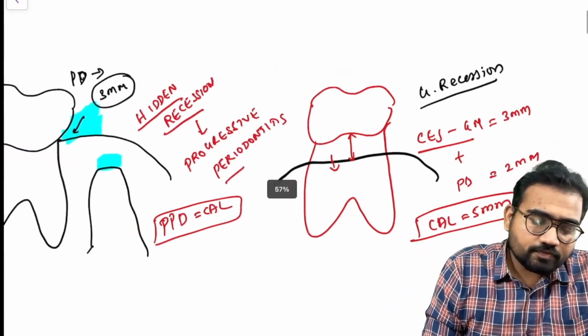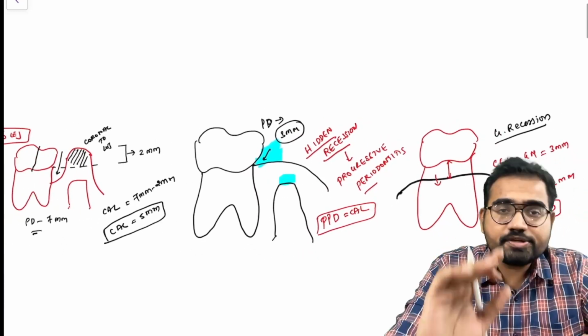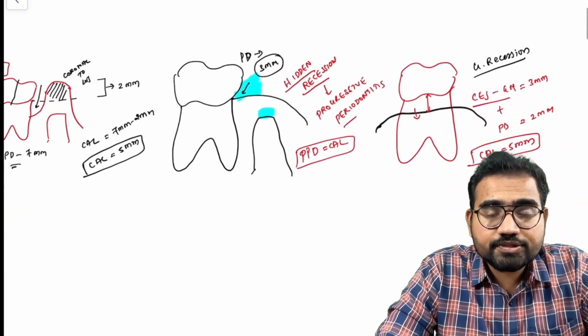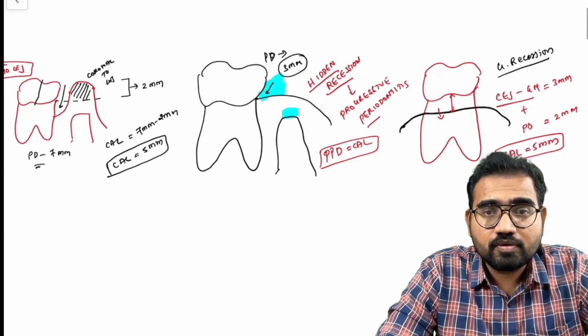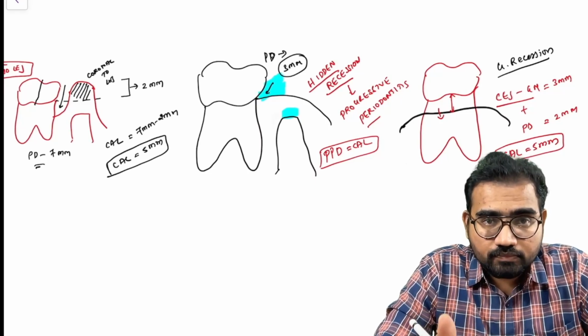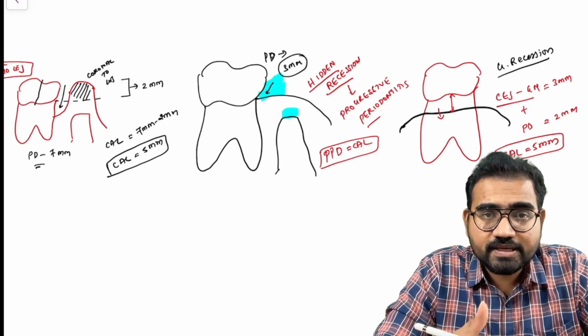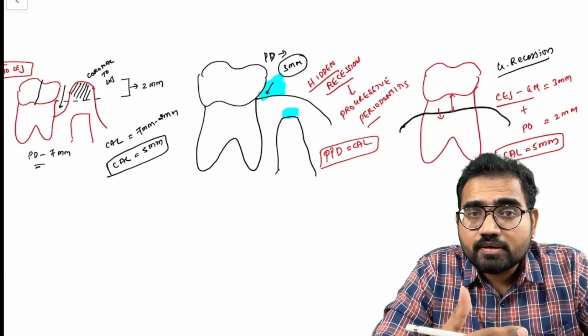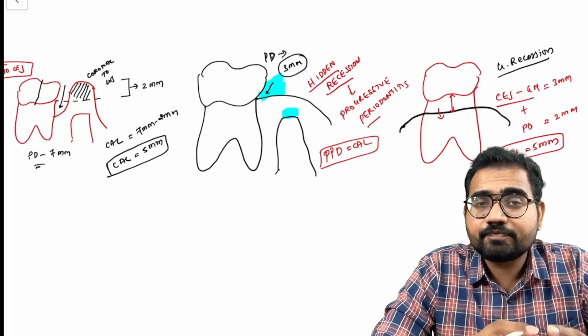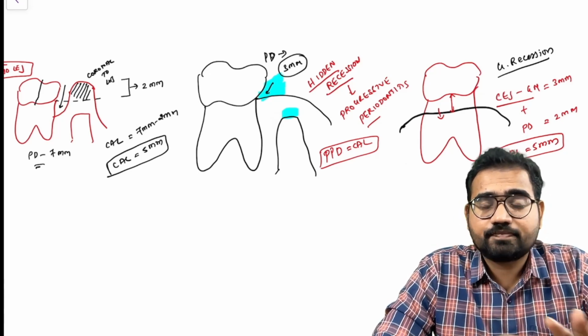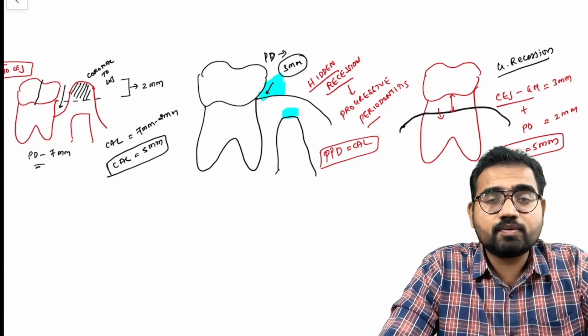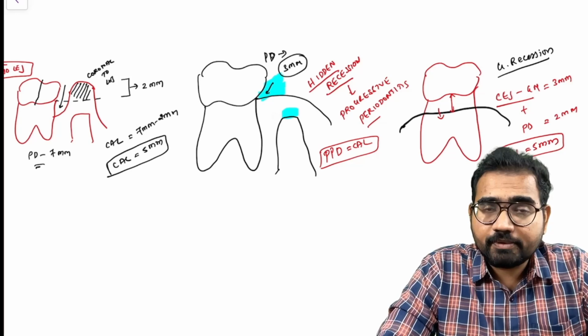So a patient who is not having recession, I'm going to subtract the distance from the gingival margin to CEJ. A patient who is having marginal gingiva at the level of CEJ, where there is interproximal soft tissue loss, I'm going to assume that it is equal to CAL. So PPD equal to CAL.